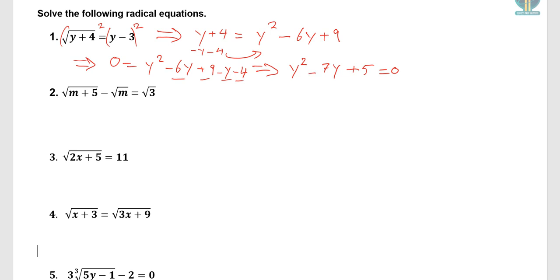So there's no straightforward way to factor this, so we just have to use the quadratic equation. So y equals minus b plus or minus the square root of b squared minus 4ac over 2a.